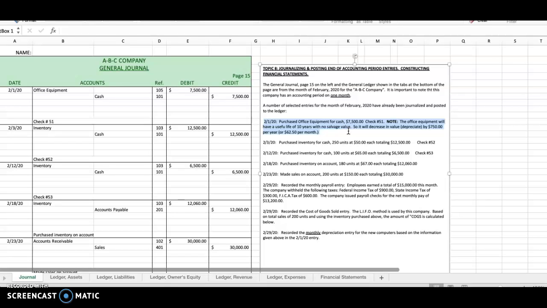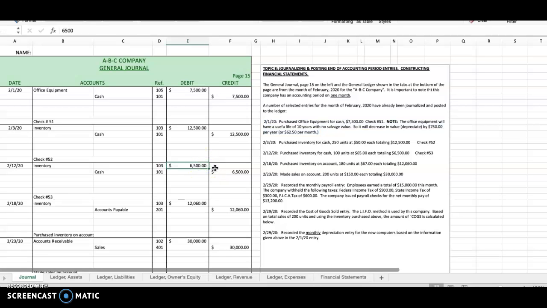And we expect it to have no salvage value, so it would depreciate by $750 a year. You take the $7,500 divided by 10, an annual depreciation rate of $750. But the company has a monthly accounting period, so we need to take the $750 divided by 12, and that gives us a depreciation rate of $62.50 per month, and that will be important later on.